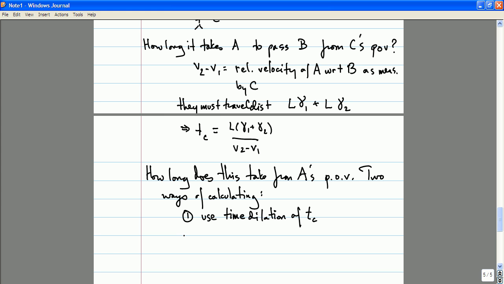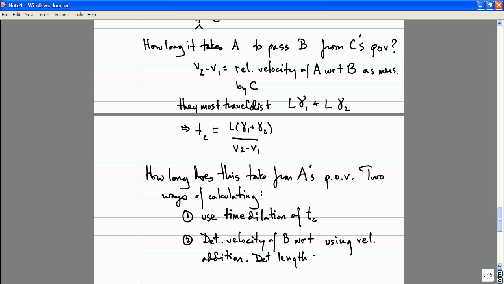I could determine the velocity of B with respect to A using the velocity addition formula, and then determine the length of B with respect to A using length contraction.